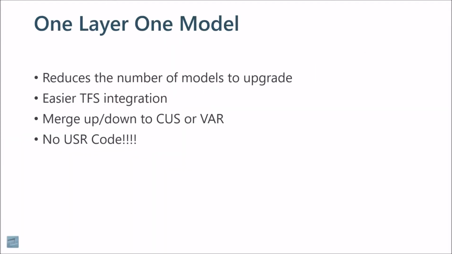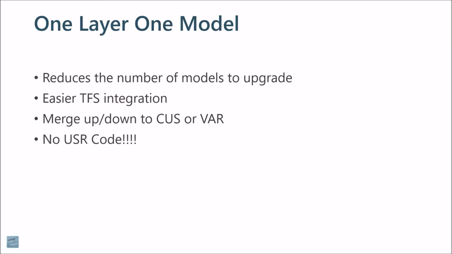The next big thing that we need to do to kind of do some code cleanup is we need to get down to one layer and one model. This is the same thing that we recommended even back when we would do 2012 upgrades from R2 to R3. The major benefit we get is it reduces the number of models that we have to do upgrades for.